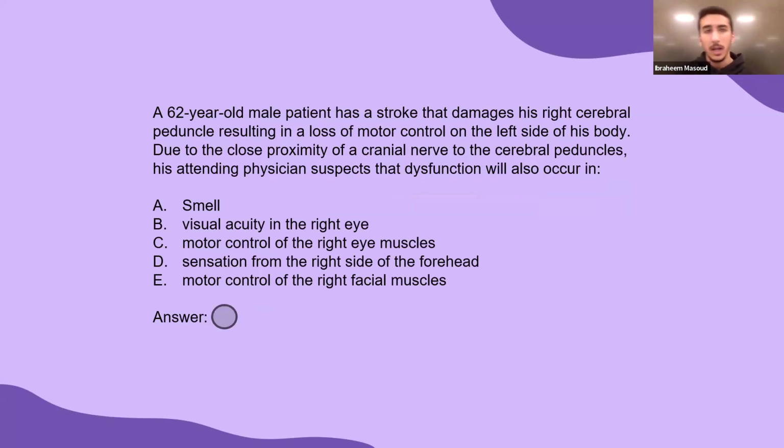Stroke damages the right side, the right cerebral peduncle, left side motor loss. What will also happen? First of all, what does he have? This patient has something.